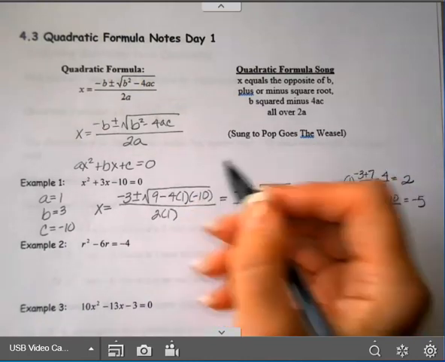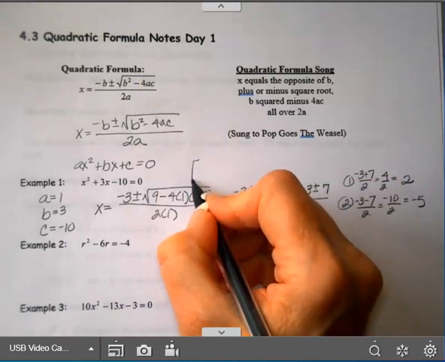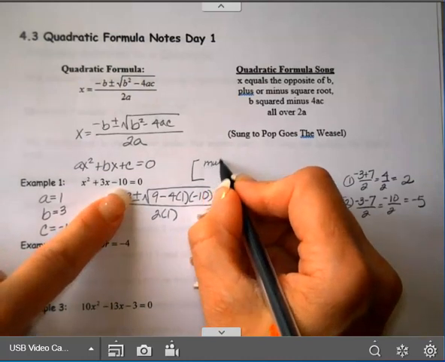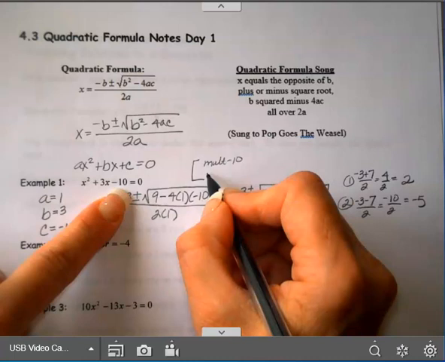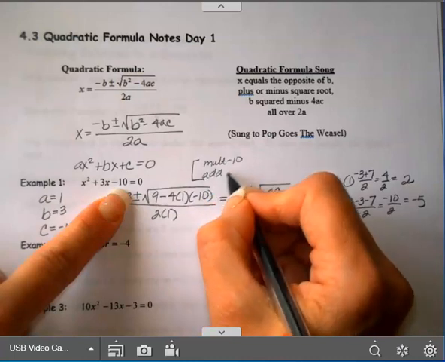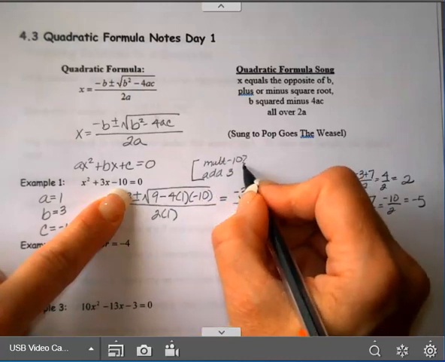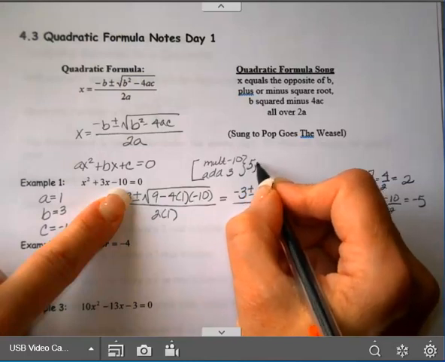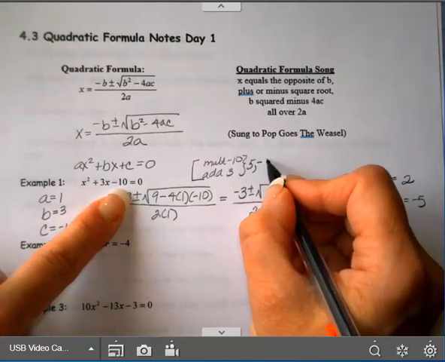Note, on this problem, I could have factored that. It would have to multiply to negative 10 and add to 3. The numbers that do that are 5 and negative 2.